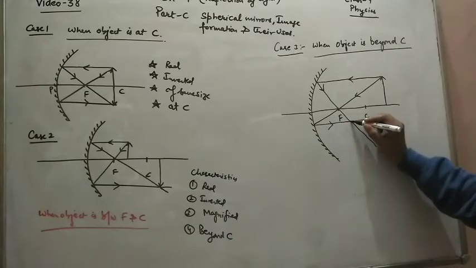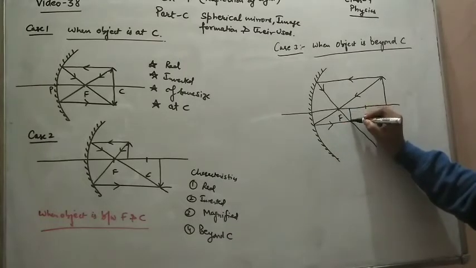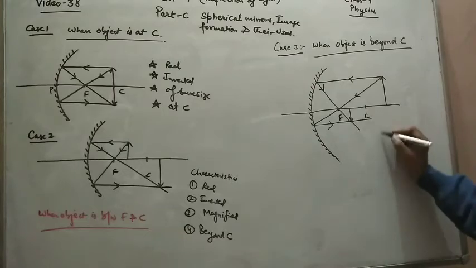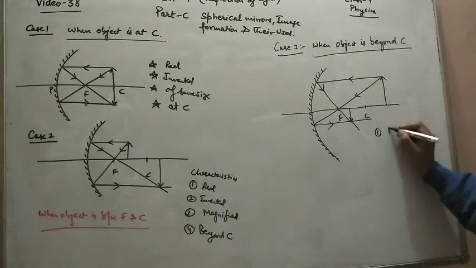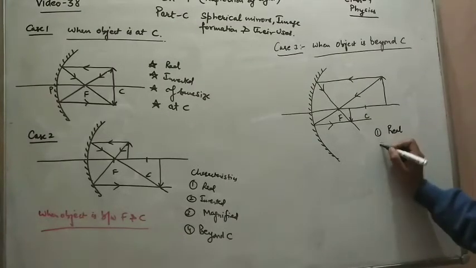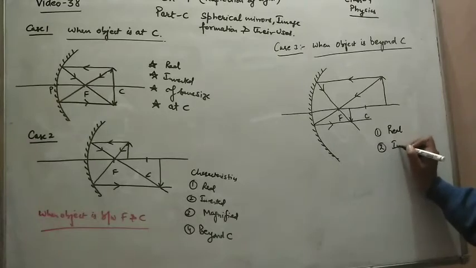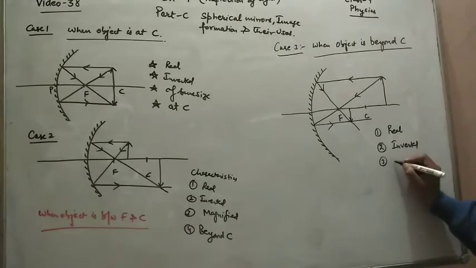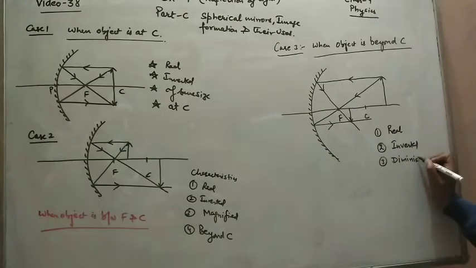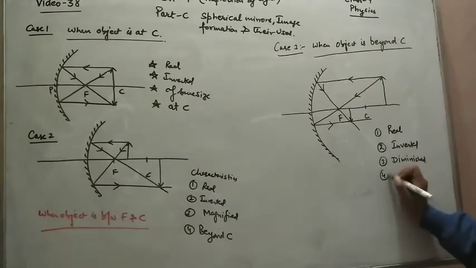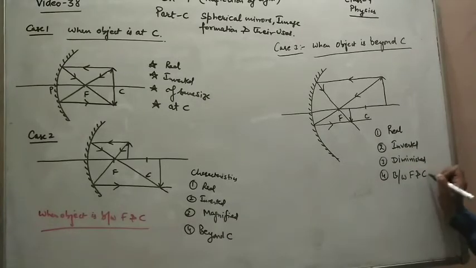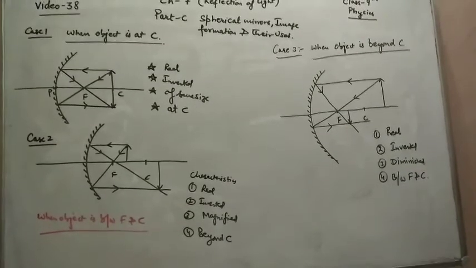So where they are intersecting, somewhere here, this is the exact location of the image. Again characteristics are real, inverted, diminished, which means small in size, and between F and C.